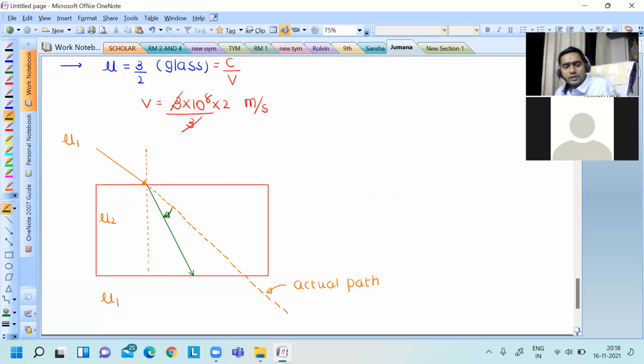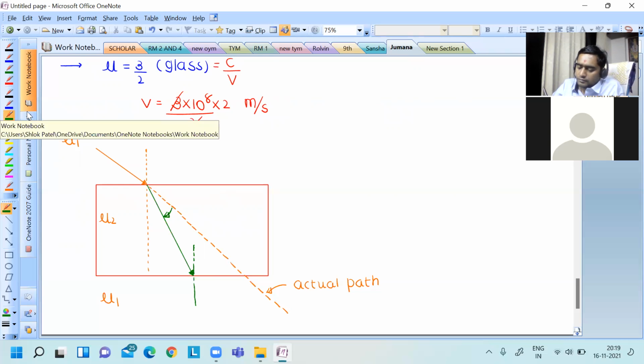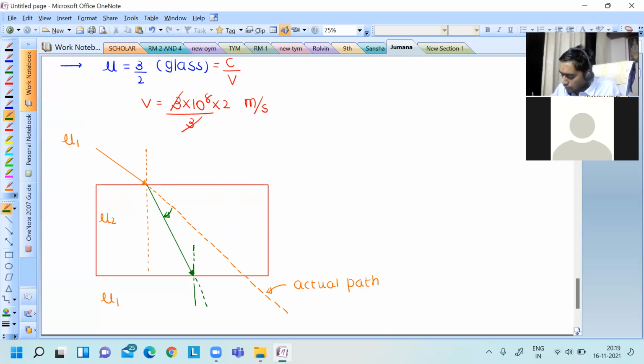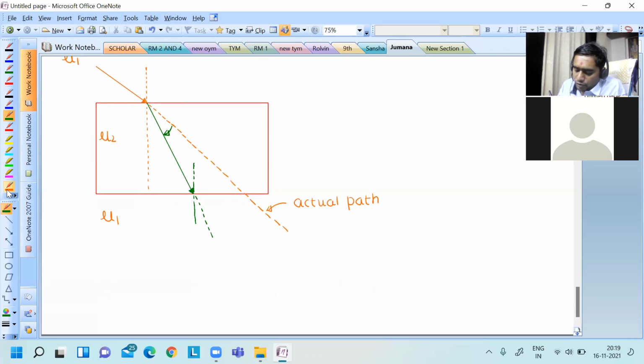So now it is deviated. Here I can also draw the normal. Because this light tries to emerge from the denser medium, it is moving from denser to rarer, so it moves away from the normal line.